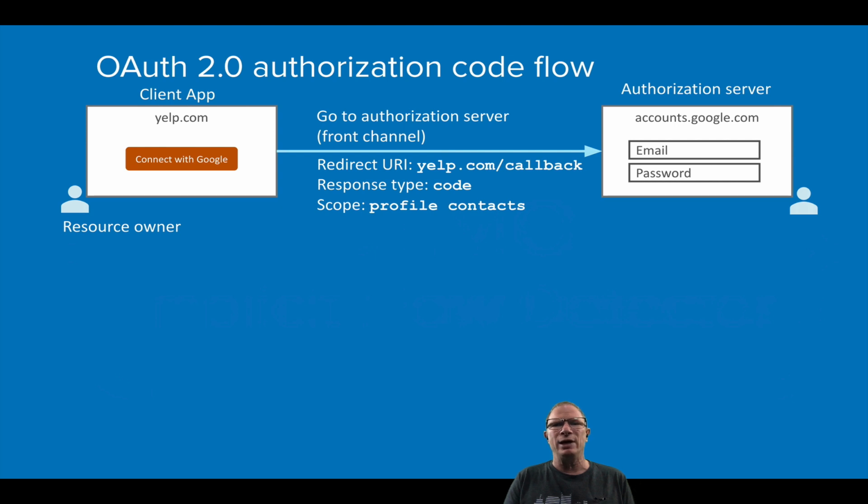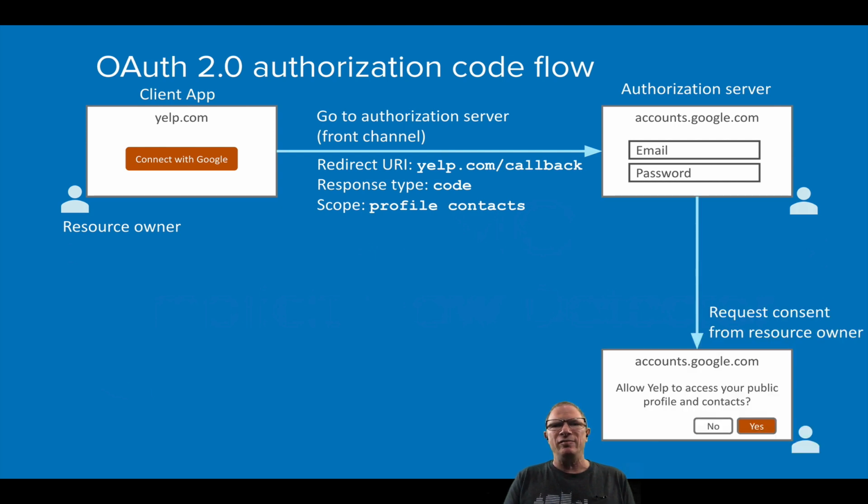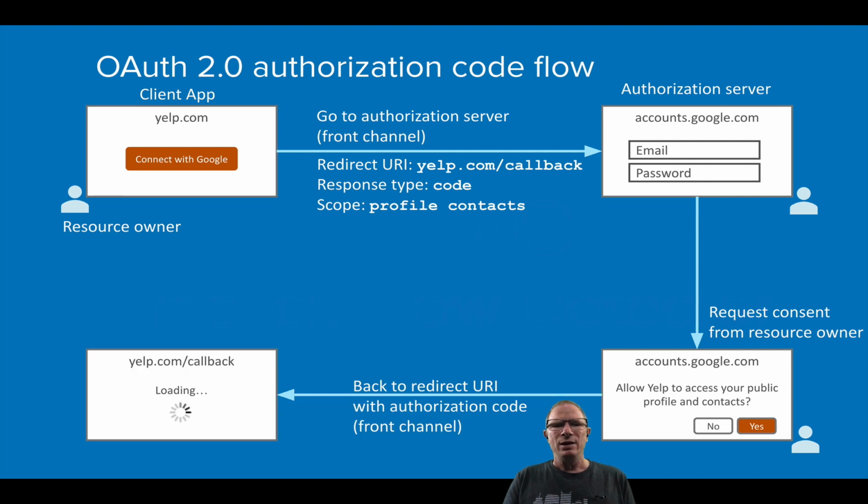That's accounts.google.com to authenticate. I give my consent. Now here's where things get a little different with the implicit flow. At this point, Google responded back to the app with the access token directly. This time, it's redirecting back, but with this little bit of information called the authorization code.